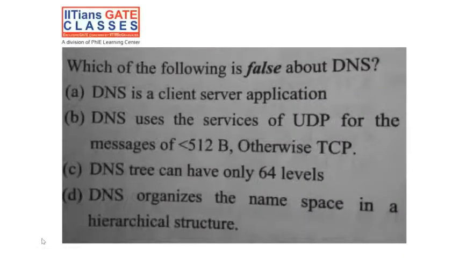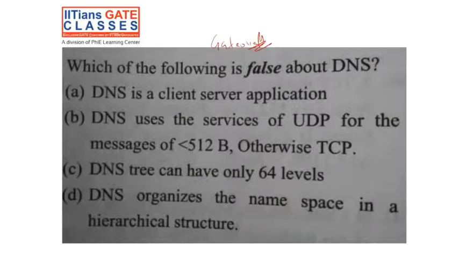Guys, try this one also. Which of the following is false about DNS? I found this question in GATE Overflow. So actually there is a very small number of questions.